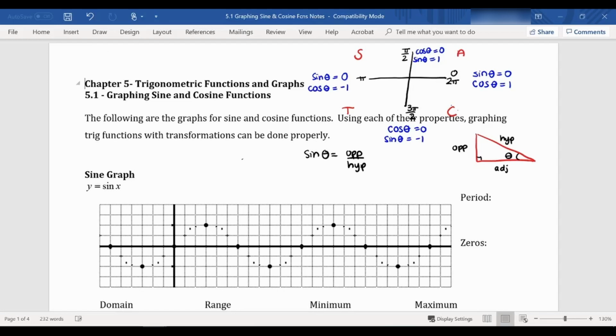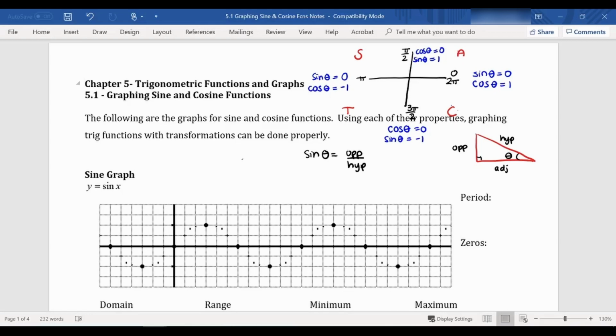And since the opposite is always smaller than the hypotenuse, the biggest value for sine is 1. Because there's no way we could have something like sine theta equals 5. If sine theta was equal to something like 5, that means the opposite would have to be bigger than the hypotenuse, which is not possible.